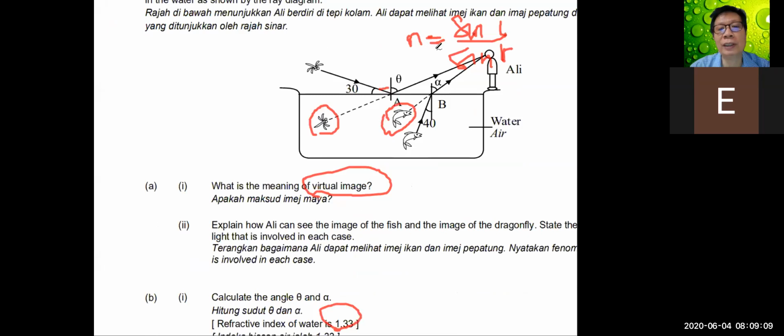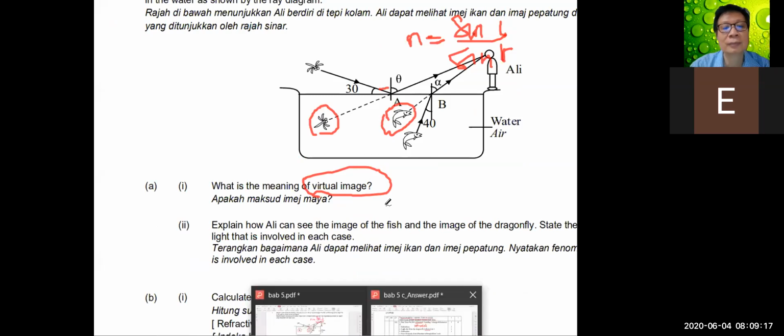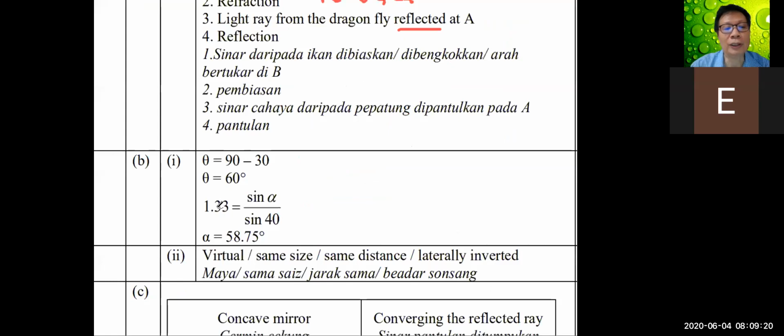So this is 1.33 equals sin alpha over sin 40. Then you get the answer. 1.33 equals sine alpha divided by sine 40. Use the calculator until you get the answer. So the angle alpha is 58.75.